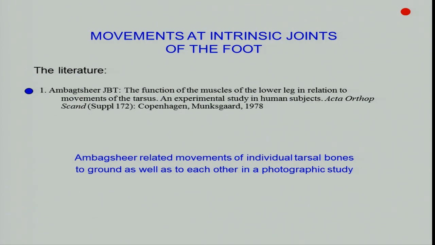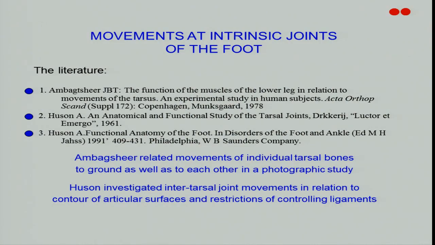Help was available from Ambagsha in his paper of 1978. He'd related movements of individual tarsal bones to the ground, in other words, its surroundings, as well as to each other, in a photographic study. And Huson had investigated intertarsal joint movements in relation to the contour of the articular surfaces and the restrictions on movement of the controlling ligaments.